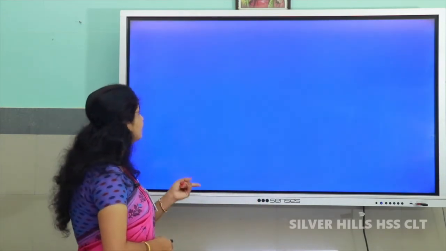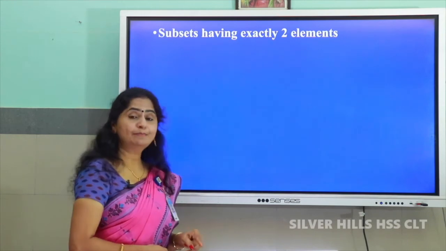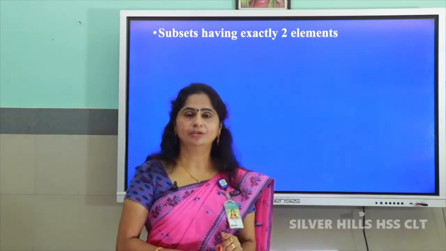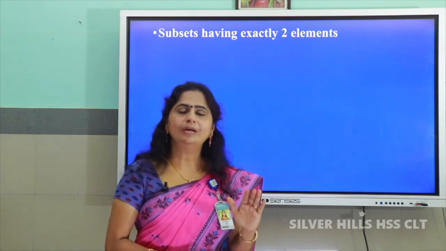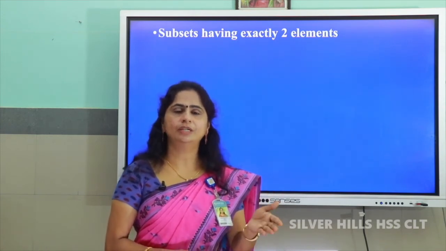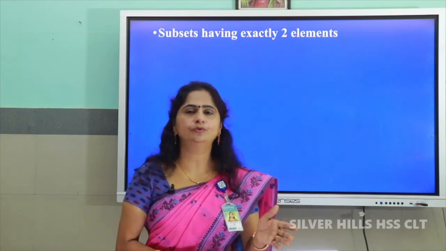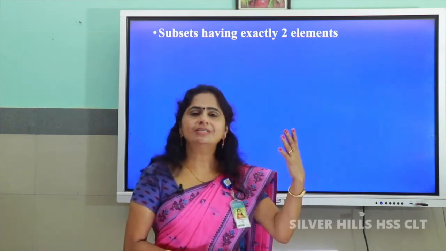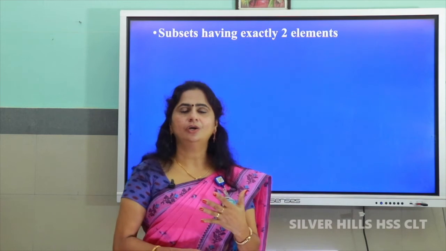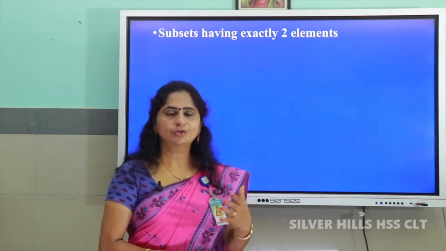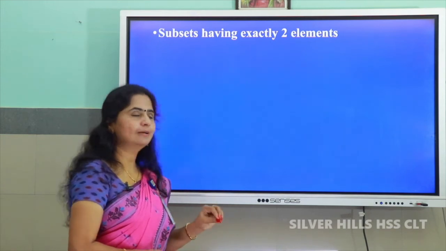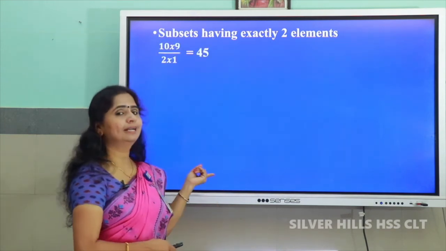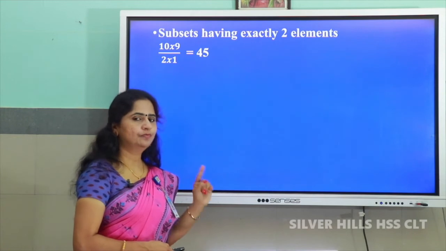Next question. The number of subsets having exactly 2 elements. So A has got 10 elements. So how many 2-element combinations will there be, like 1 2, 1 3, 1 4, 1 5, 2 3, 2 4, 2 5, 5 6, 5 7. So we cannot sit and write all the combinations of 2 elements. So for that, out of 10 elements, the 2-element subsets can be counted as 10 into 9 by 2 into 1, which is 45.